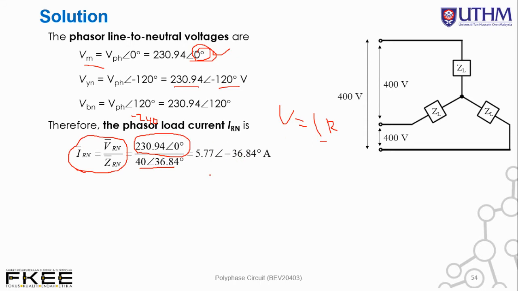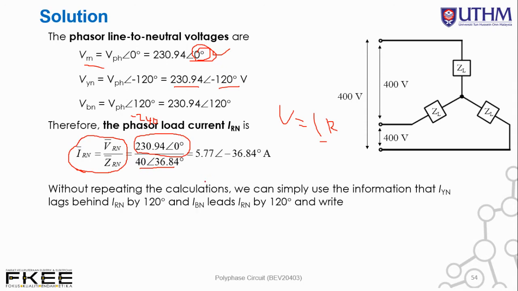What happened to IYN? You don't need to repeat the calculation, but we can simply use the knowledge that IYN lags behind IRN by 120 and IBN leads IRN by 120. This is according to the phasor diagram of a star configuration. So we have over here, for example, the RN, next the YN as well as the BN. Okay.